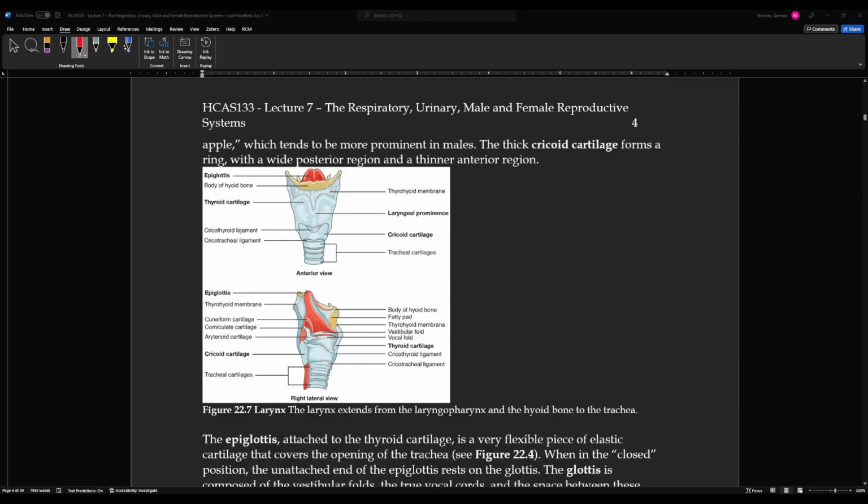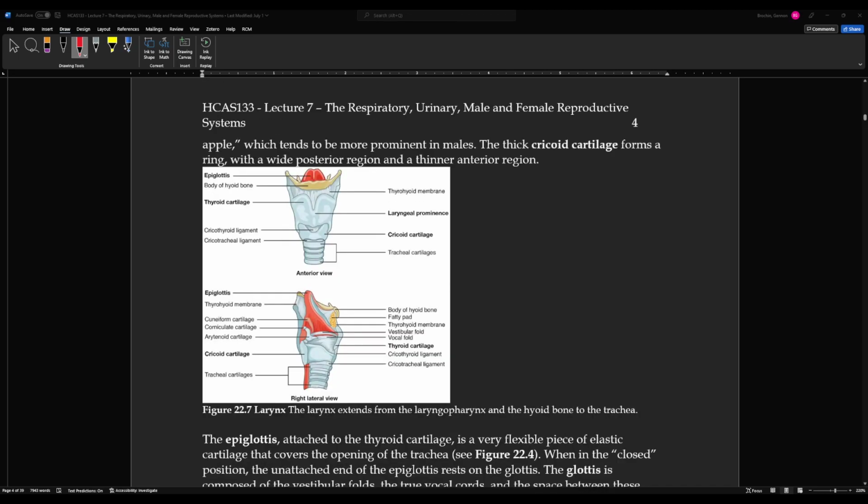I'm going to kind of skim through a lot of this anatomical stuff. It's pretty straightforward, and some of it goes into a little bit greater detail than what you will need to know. A couple things to point out is when we talk about the thyroid cartilage, it's aptly named because it does sit right behind the thyroid gland, and the laryngeal prominence is what you would commonly refer to as the Adam's apple, and it is readily palpable on pretty much every person's throat.